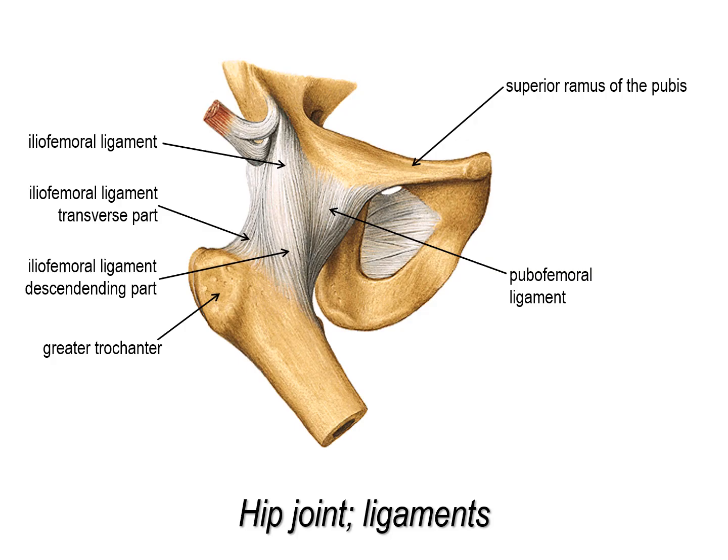Pubofemoral ligament is a triangular ligament. Its base is attached to the iliopubic eminence. Inferiorly, it is attached to the lower part of the intertrochanteric line. And the last longitudinal ligament is the ischiofemoral ligament.